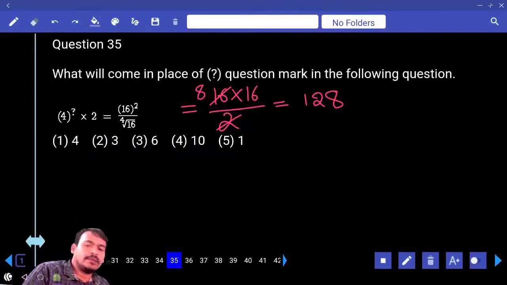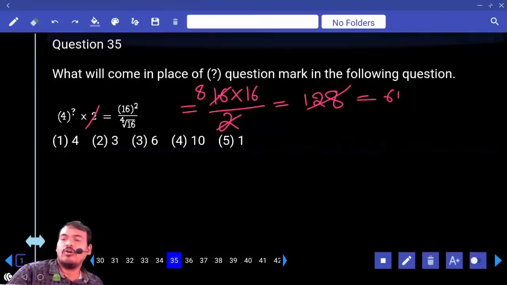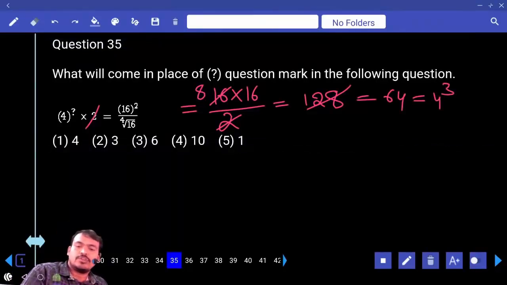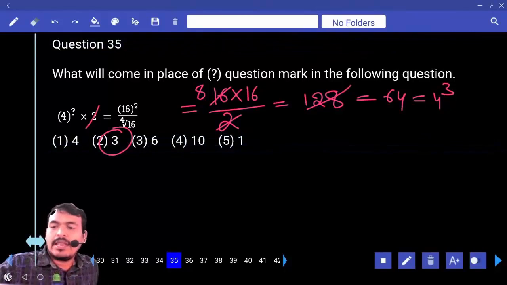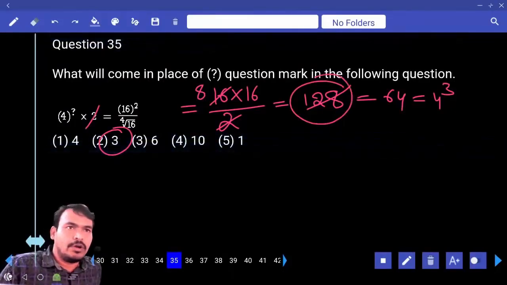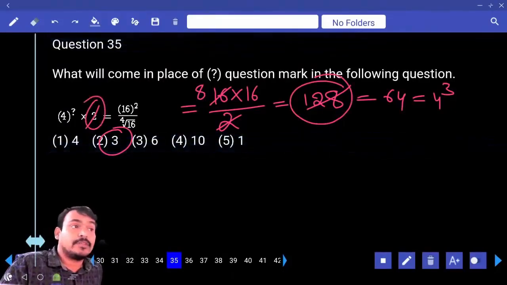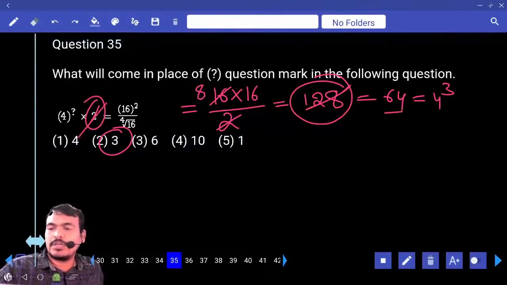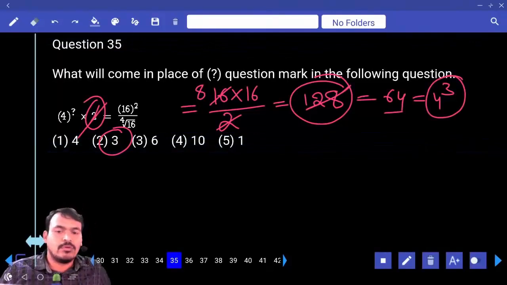128, which one? Sorry, right hand side 2. Sorry, left hand side 2 how many times? 64. 64 means which one, cube? 4 cube. Something equal to which one? 3 or 4? 3. What is the right hand side value we are getting? 128. But in left hand side 4 power something into 2 or not? 2 how many times? 128. 64. 64 means which one, cube? 4 cube.